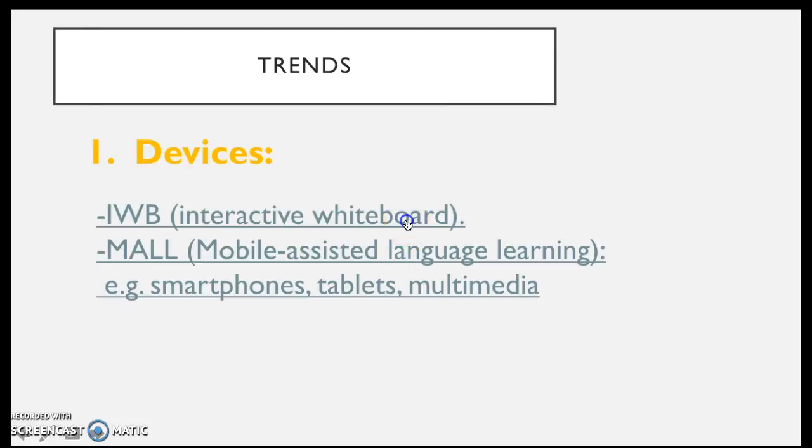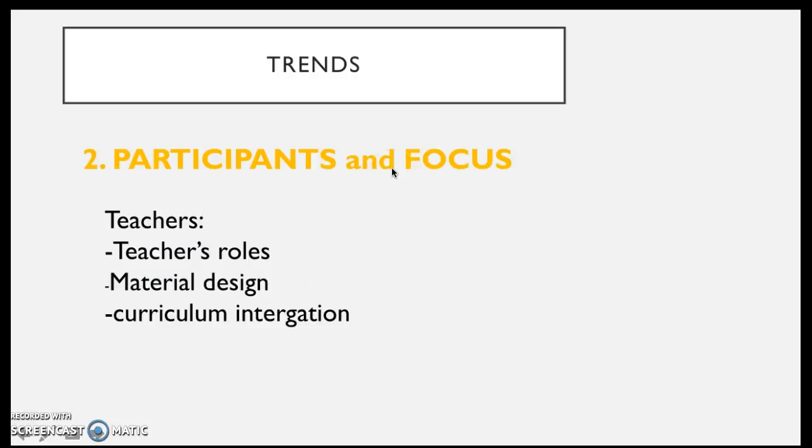So the next trend I want to talk about is from the perspectives of the teachers. There are many articles investigating the teachers' roles when they are using mobile technologies in the classroom. One of the roles is guiding ESL learners' use of the materials, which means teachers have to learn and incorporate the technology into their lesson plans.